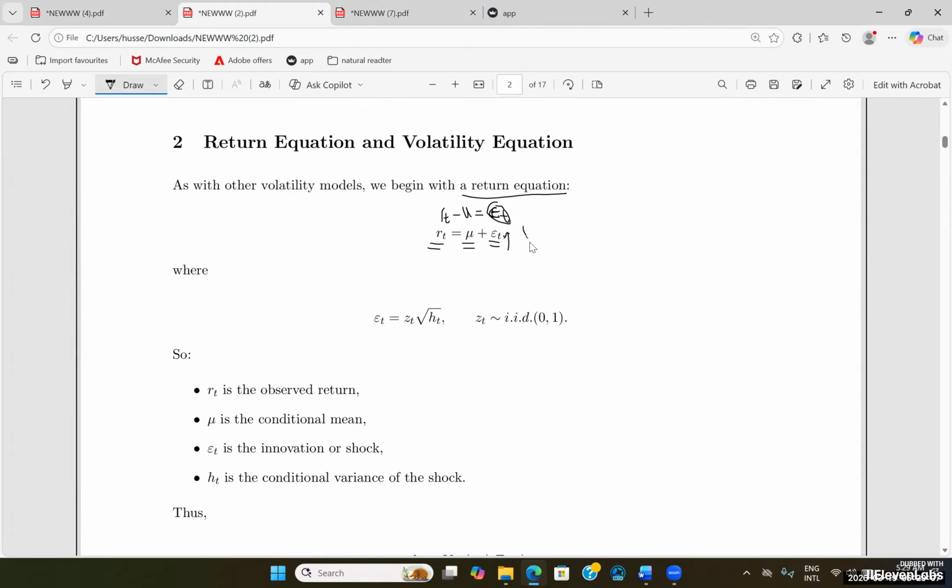This particular characteristic is primarily defined by its variance. And if you intend to construct a model for this specific variance, our approach involves determining the conditional variance, which is explicitly expressed and represented by the mathematical term h. So, the variance of the error term is denoted as h. If you take the square root of this variance, as I mentioned earlier, that will then give us a standard deviation.